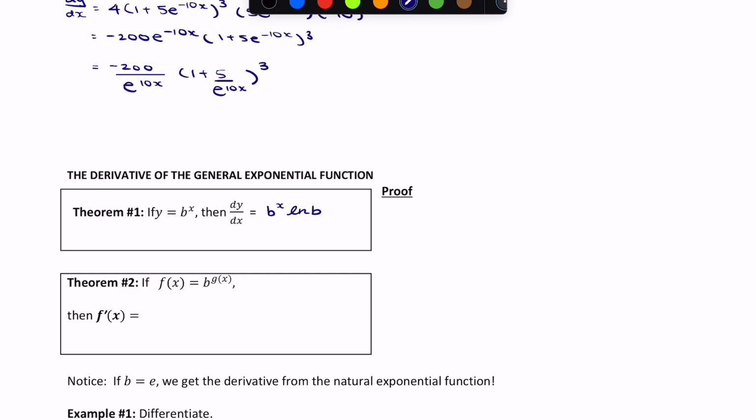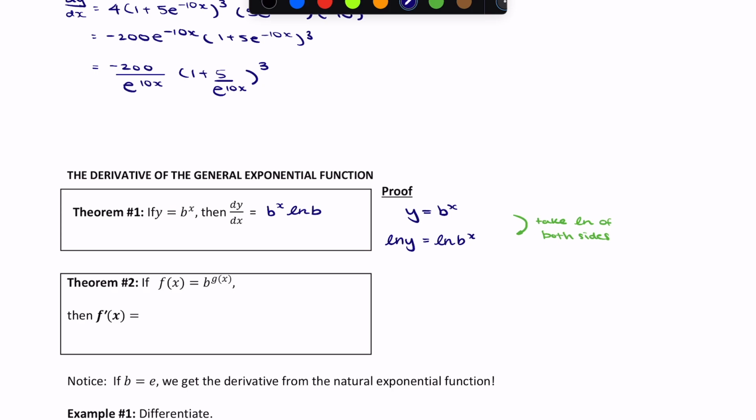So here, if we look at the proof, if we take y is equal to b to the power of x, the first thing we do is take the ln of both sides. If we take the ln of both sides, we get ln y is equal to ln b to the power of x.